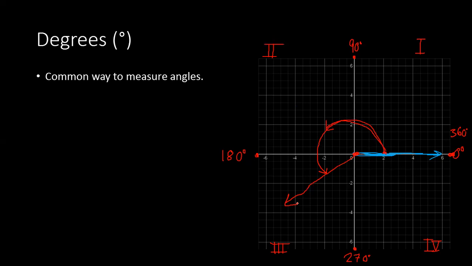In other words, the angles formed here are greater than 180 degrees but less than 270 degrees. For example, we have 250 degrees, 200 degrees, 199 degrees, and so on.